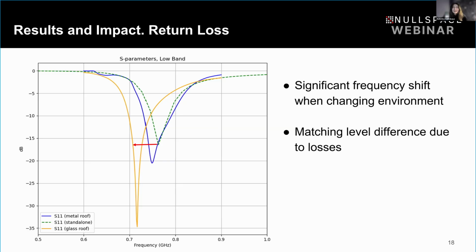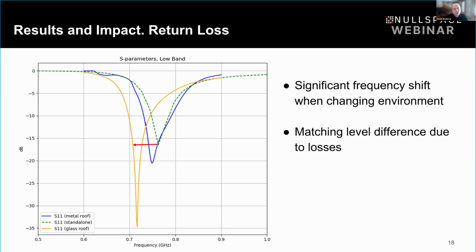And here, Henrik, if you can show us what changes now. I talked about radiation pattern, but maybe you can also talk about the frequency shift. Yes, so here what we are looking at is the three different cases for the low band. In this example that Katarina and I have shown today, we are using a PIFA antenna.